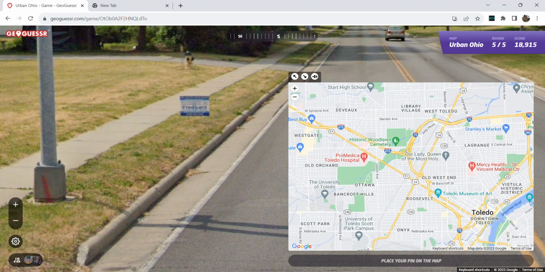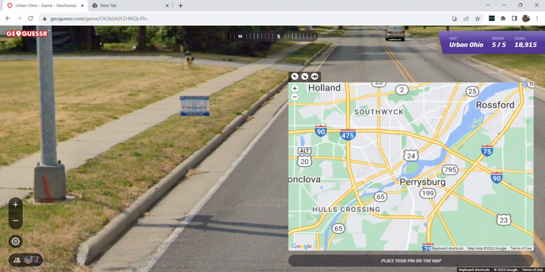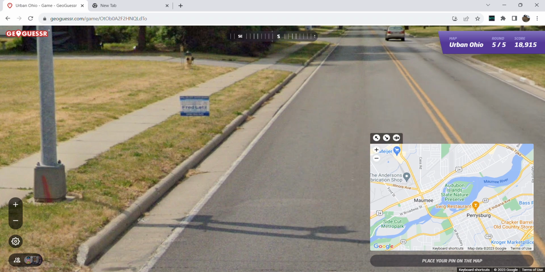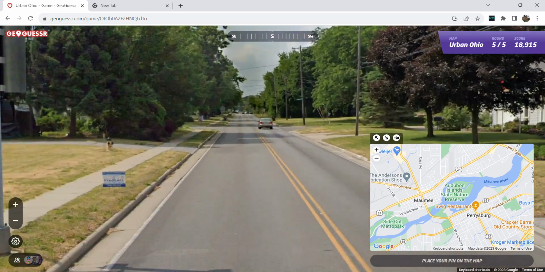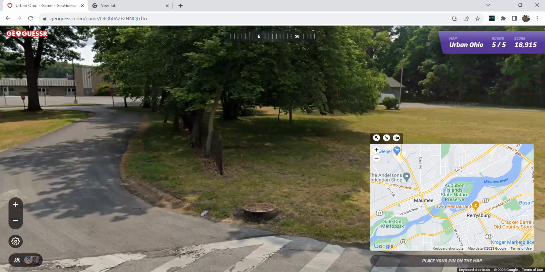Definitely doesn't look like a 206. So 419 would mean that we are either in Toledo or the suburbs. And I think my first instinct here would be suburban.